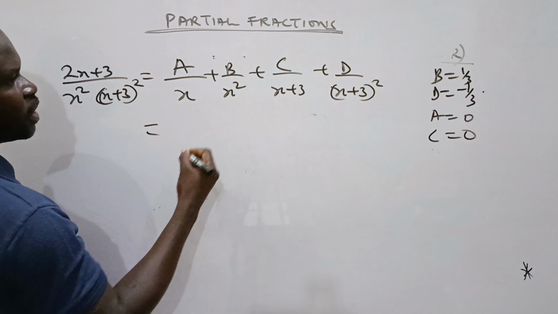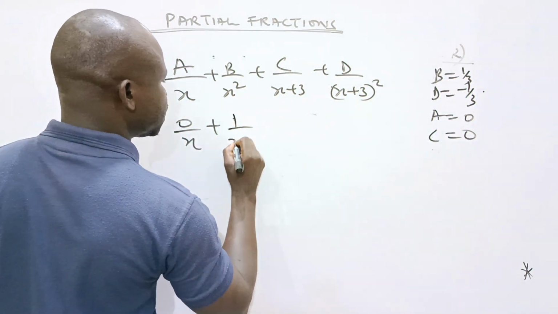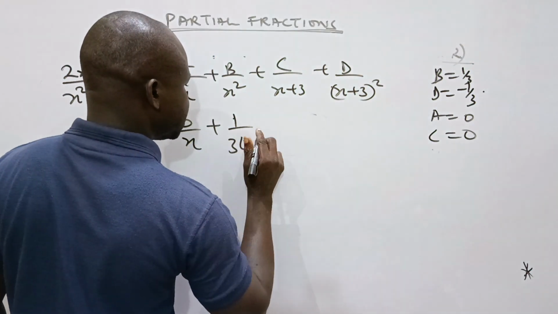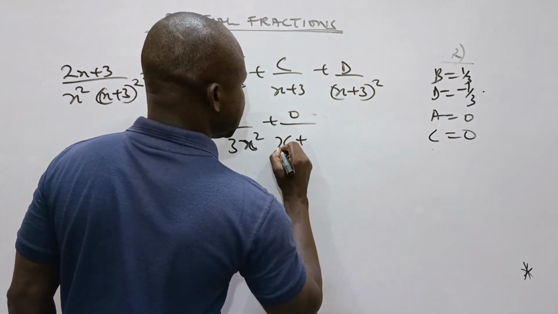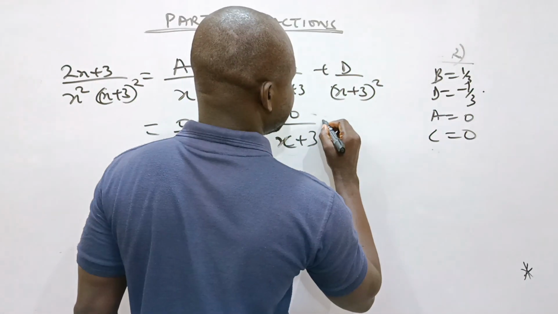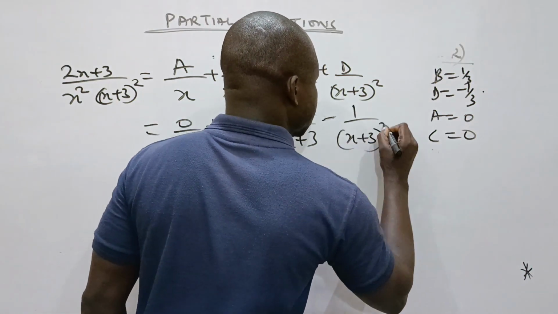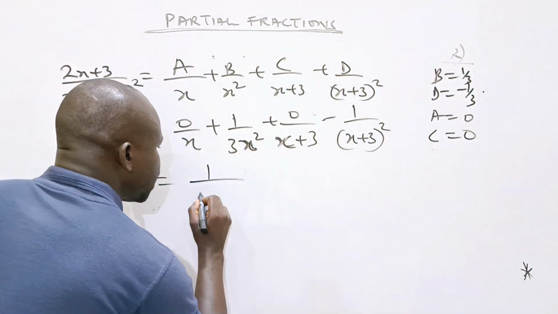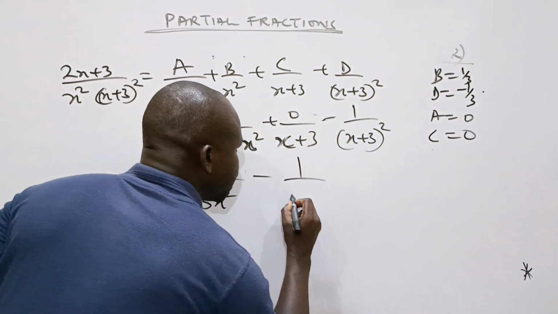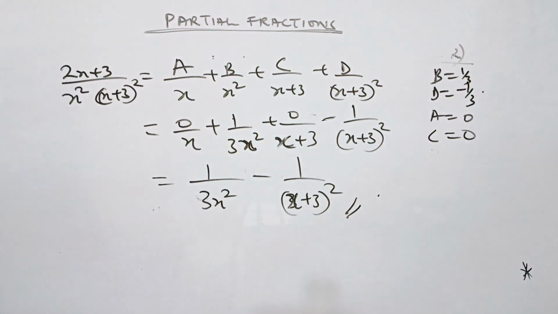So if I substitute the value of a is 0 all over x, b is minus 1 over 3, that will be 1 all over 3 into x squared, then plus c is 0 all over x plus 3, then minus 1 all over x plus 3 all squared. So finally, we are going to have the sum of its partial fractions to be 1 all over 3x squared minus 1 over x plus 3 all squared. That is what we are going to get as the final answer if you look at it very well.